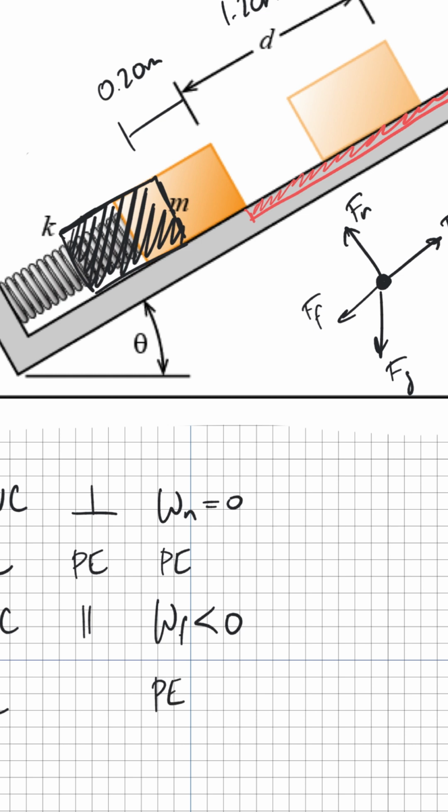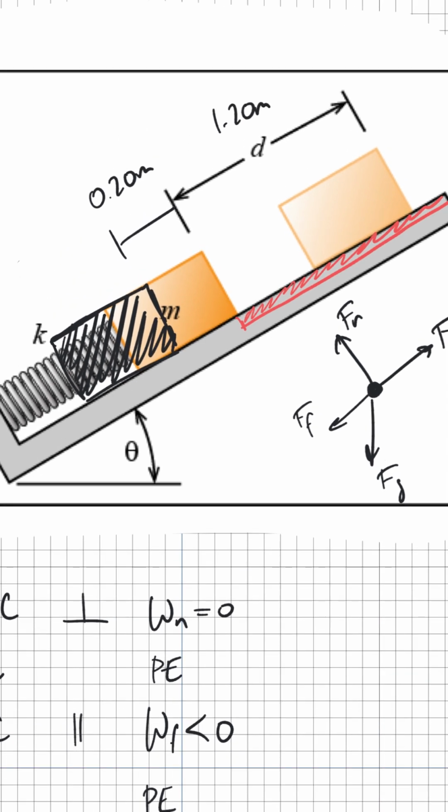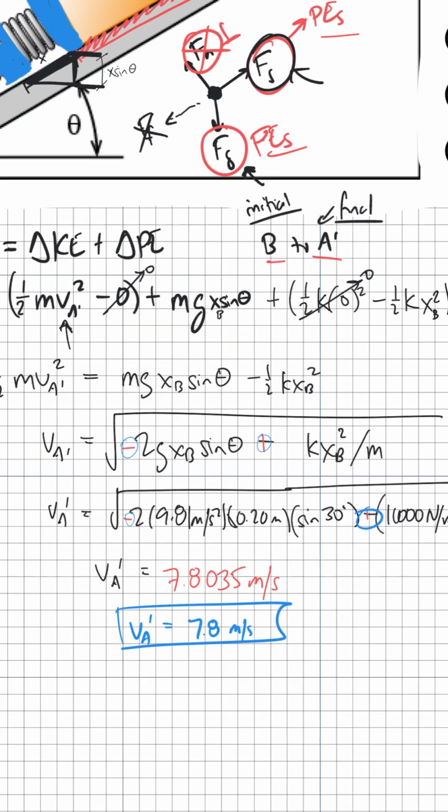right? So the next thing we need to think about is, do these potential energies exist at our starting point? I don't remember what I called these in the last one. What did we call that? We called it B, where it was all the way wound up.